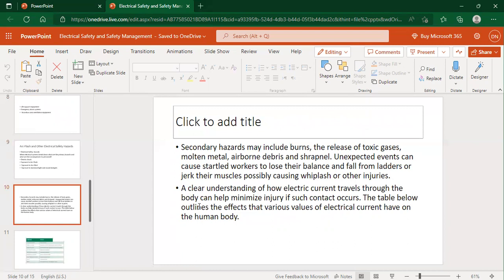Unexpected events can cause startled workers to lose their balance and fall from ladders or jerk their muscles, possibly causing whiplash or other injuries. A clear understanding of how electric current travels through the body can help minimize injury if such contact occurs. The table below outlines the effects that various values of current have on the human body.